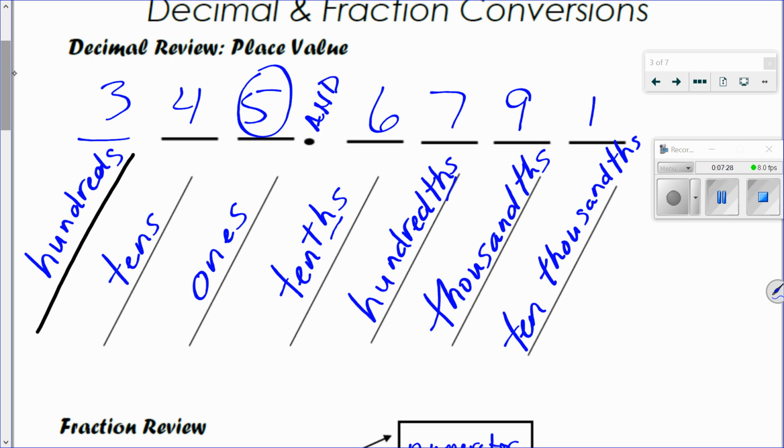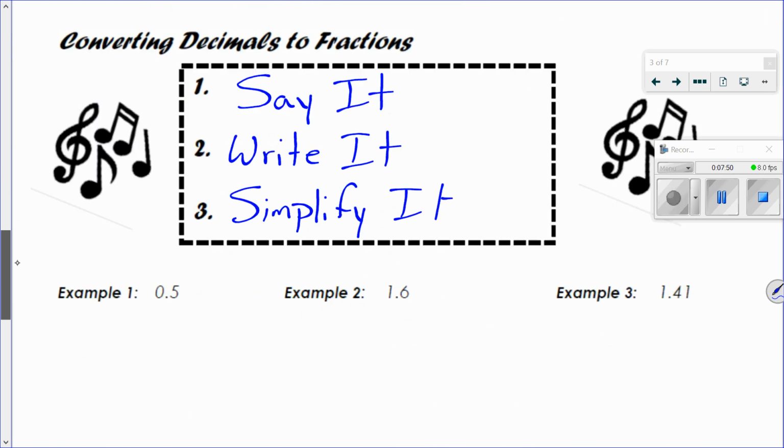So mathematically, when we are reading a decimal notation like this, when I get to the decimal point, I don't say point, I say and. So it's the number before it and with the number after it. And is telling you in English, mathematically, I need to put a decimal point there. Make sense? Good. So coming back down to where we were.